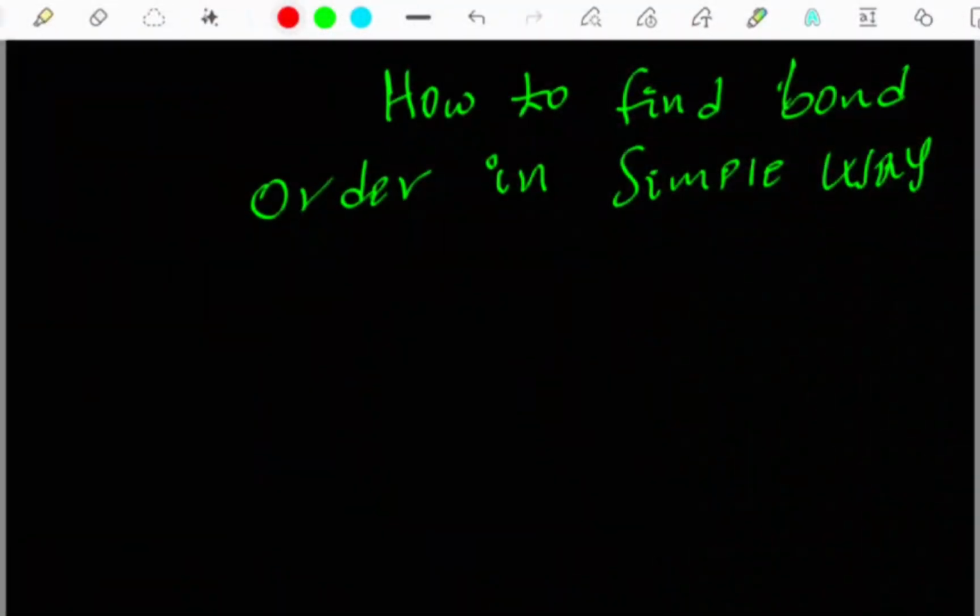Hi everyone, today we are going to see how to find the bond order in a simple way of molecules that have a number of electrons between 8 and 20.